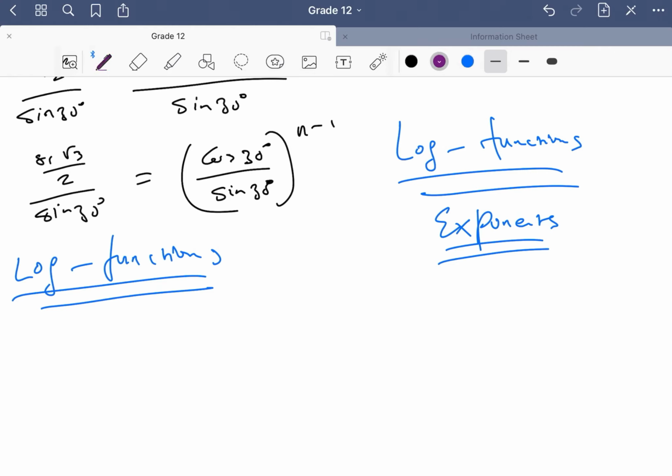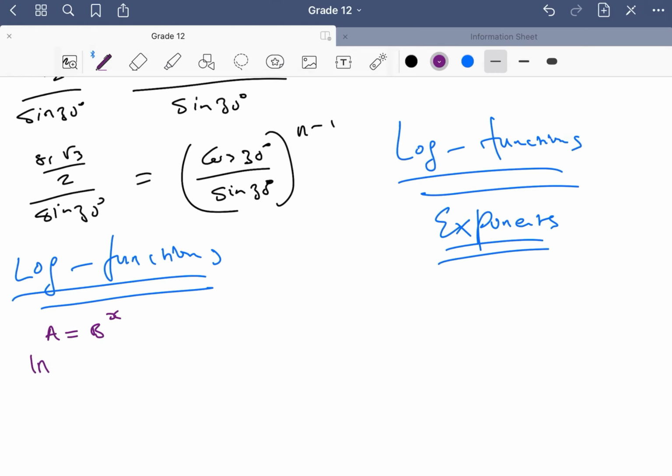What you need to know is if we have a is equal to b power x, right? Let's just use ln, and log and ln is the same thing in retrospect, natural log.